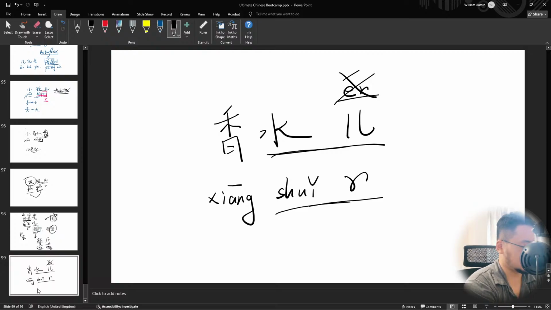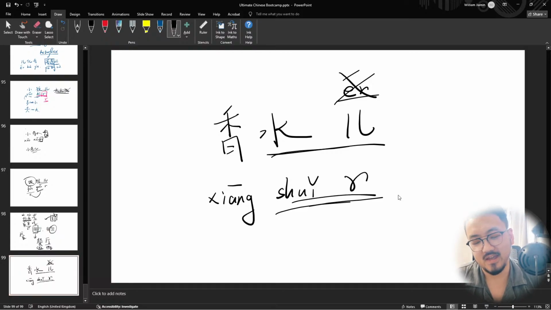I normally don't say that, but let's stick with the HSK curriculum example.